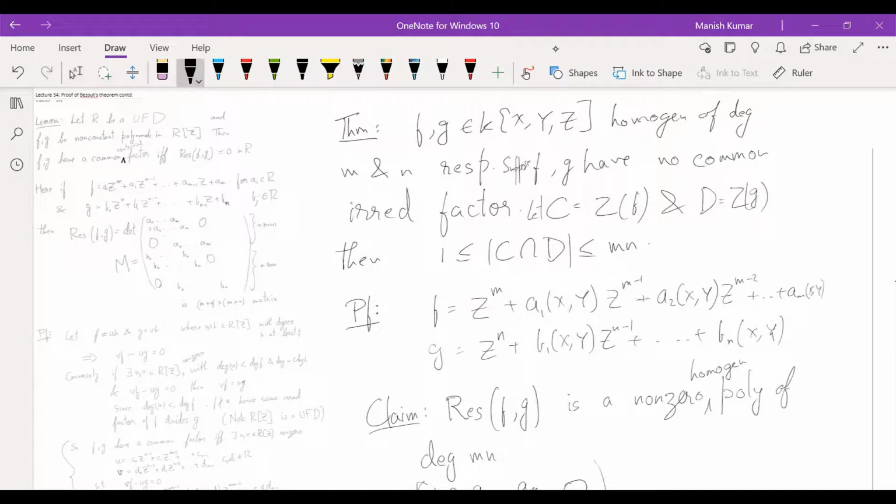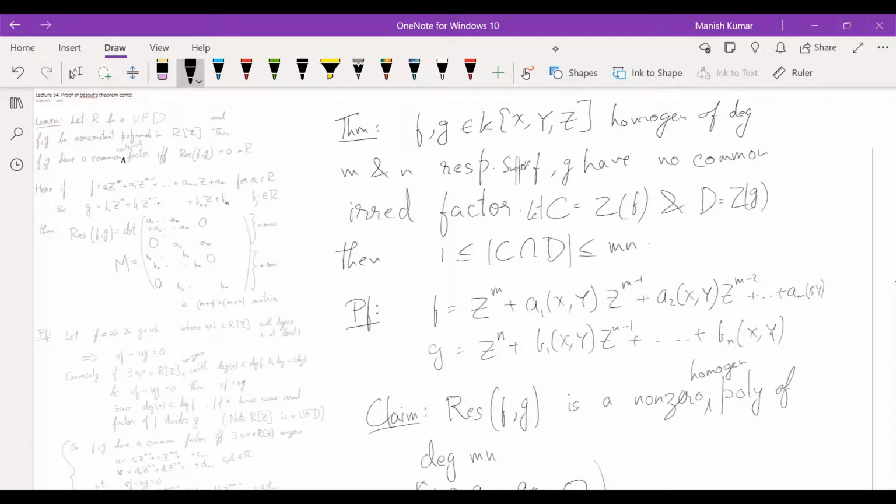It's giving you some inequality. But even the equality is true: C intersection D has mn points if you do the calculation in the correct way. You count each point with the right multiplicity, even if C and D are reducible. This is true, but that requires a little more work.